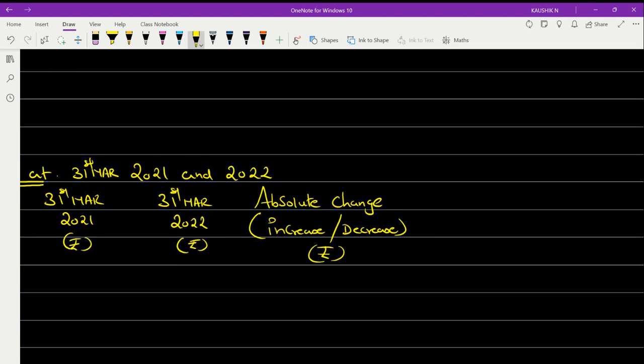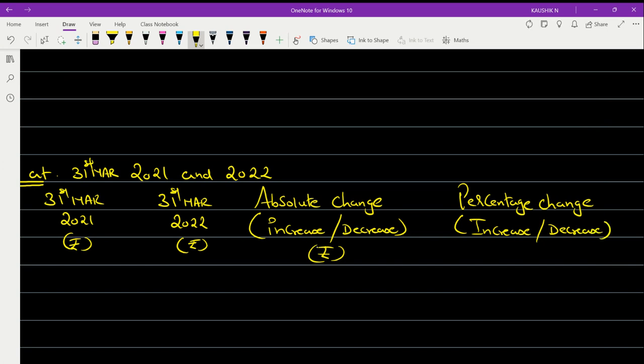Finally, the last column is the percentage change for this absolute change, and this percentage change will also be an increase or decrease.